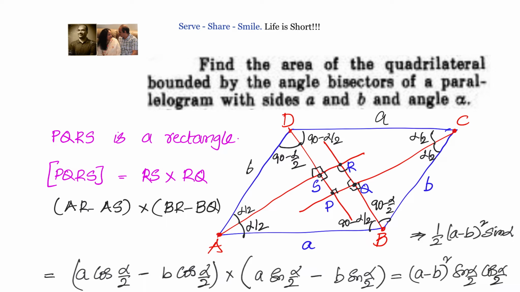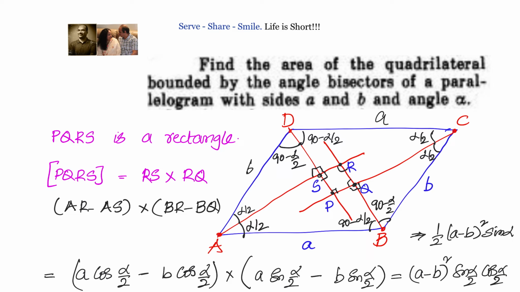So let's have a recap of this problem. We have been asked to find the area of the quadrilateral bounded by the angular bisectors of the parallelogram. Once the angular bisectors are drawn, we found that the quadrilateral we are looking for is a rectangle, because adjacent angles are supplementary in a parallelogram.